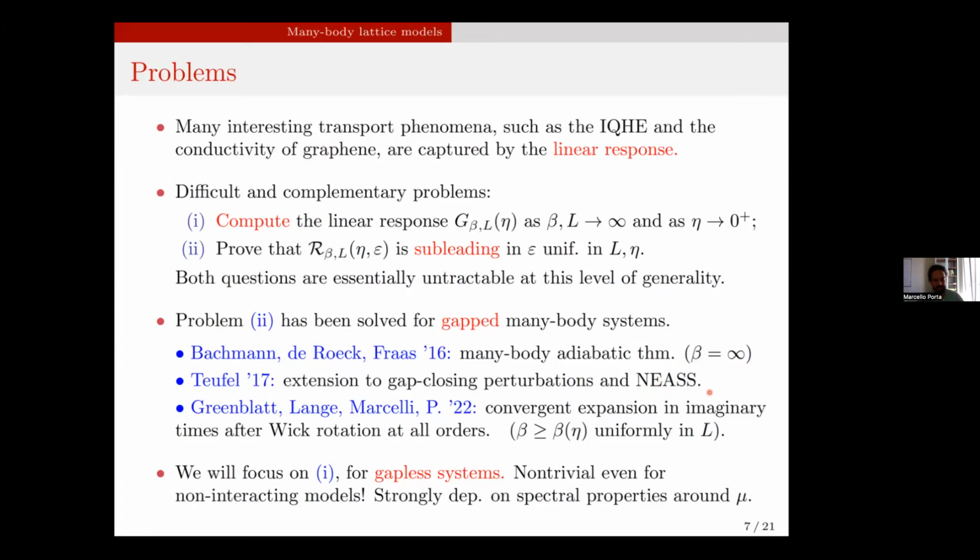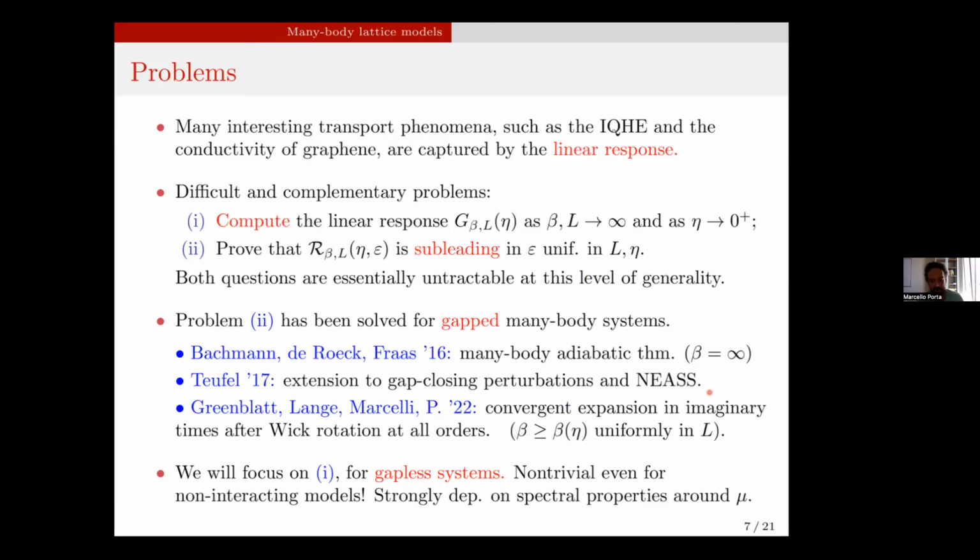And finally, the last result I'm mentioning here is a work in collaboration with Raphael Greenblatt, Marcus Lange, and Giovanna Marcelli. What we did here was use a different set of tools, and in fact what we obtained is a proof that the expectation values of local observables can be written in terms of a convergent expansion in imaginary times.